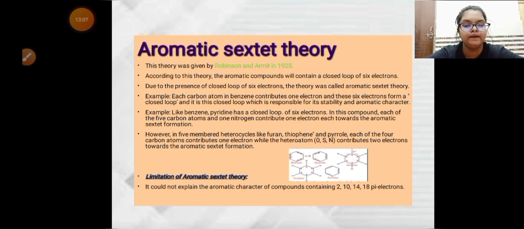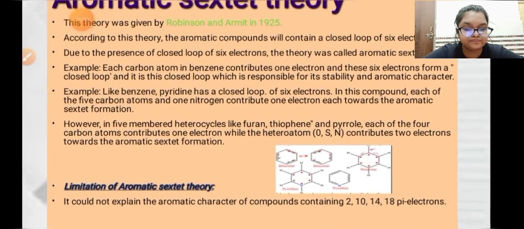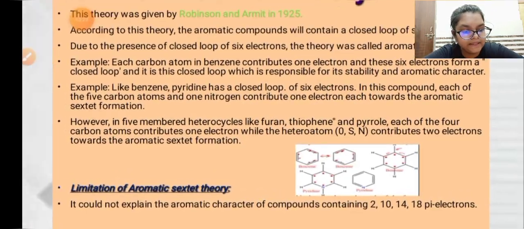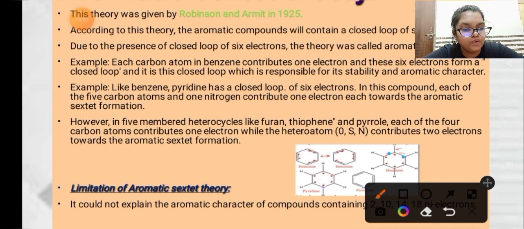So the 2s, 2px and 2py orbitals together form hybrid orbitals, and one orbital is left unhybridized. These three hybrid orbitals together form sigma bonds like that, and the one unhybridized orbital holds a single electron. These single electrons join together and form bonds like that.